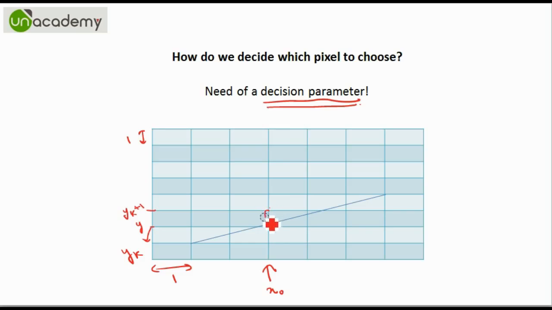So now we need to have some parameter to decide. As you can see, this point of concern has two distances, d upper and d lower, from the upper and the lower y-axis pixel respectively. So we need to decide between these two pixels, this yk and yk plus 1.